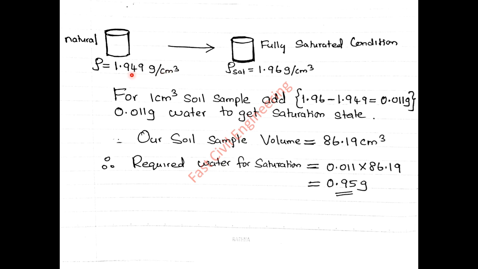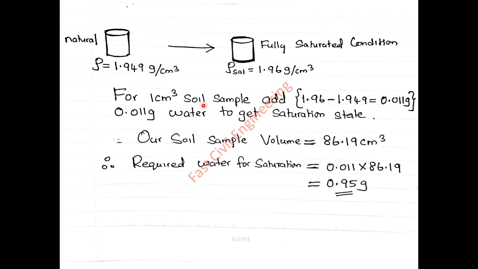Now, how much water is added for this process? Previously, bulk density was 1.949 gram per centimeter cube. Now, after all voids are filled by water, rho saturation is 1.96 gram per centimeter cube.